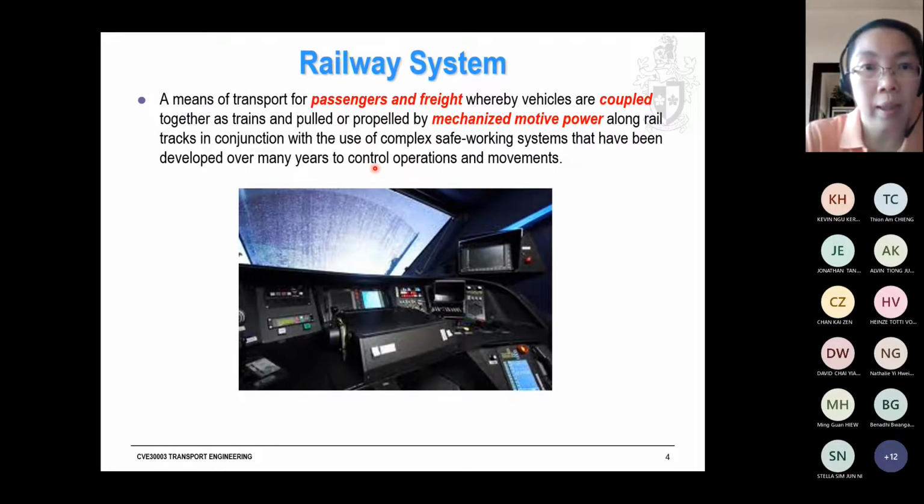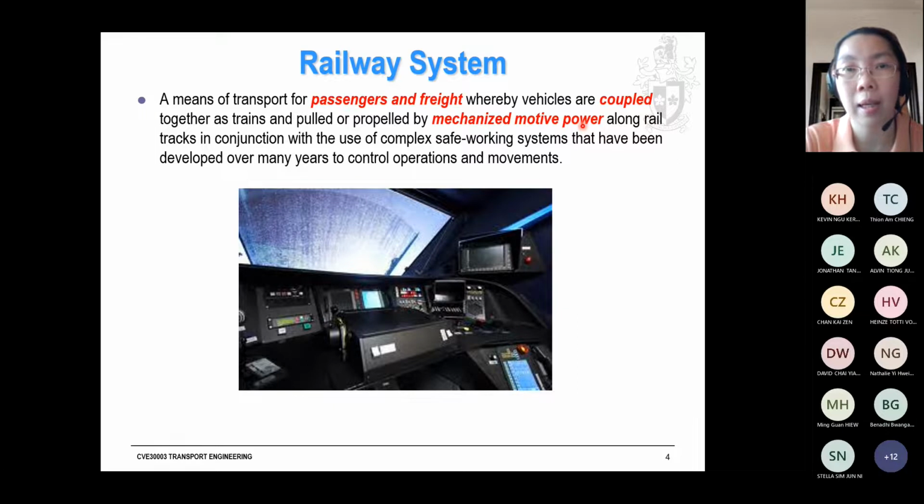Then, a rail system is a means of transport for passengers and freight, whereby vehicles are coupled together as trains and pulled or propelled by a mechanized motive power. You have a few different units, all linked together, or what we term as coupled together, through some coupling system, and it is moved forward by mechanized motive power.